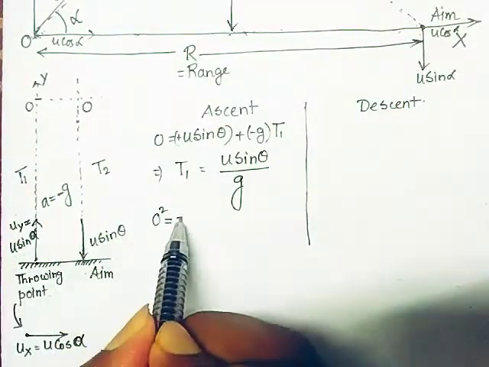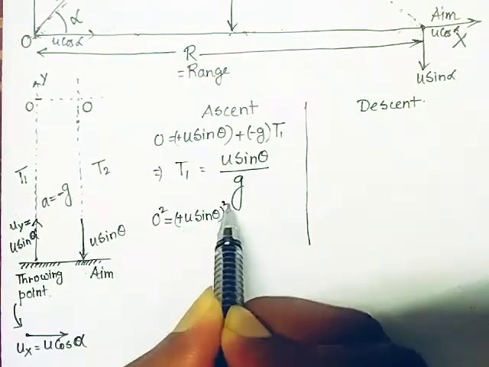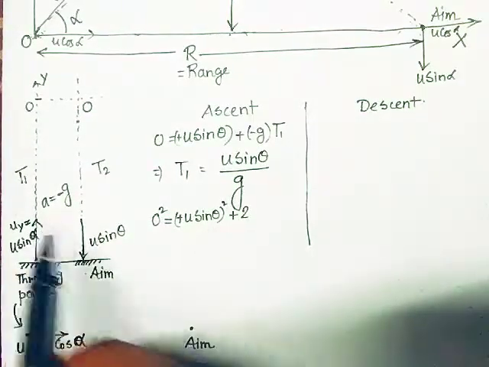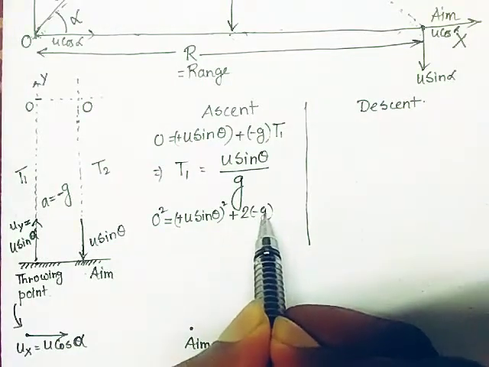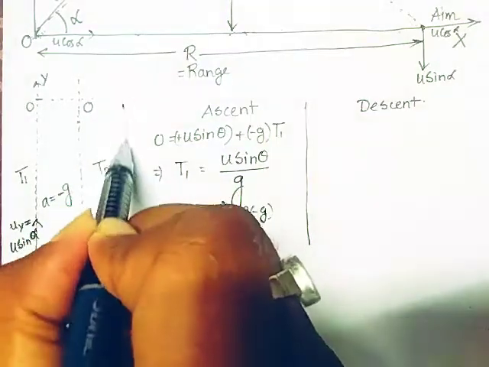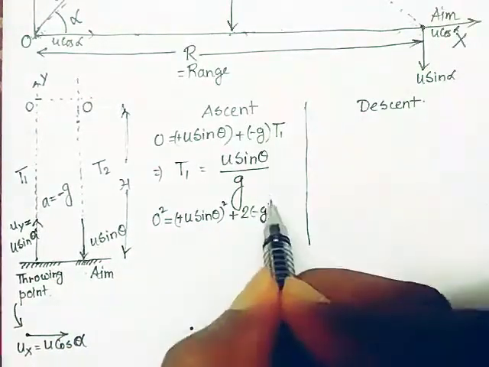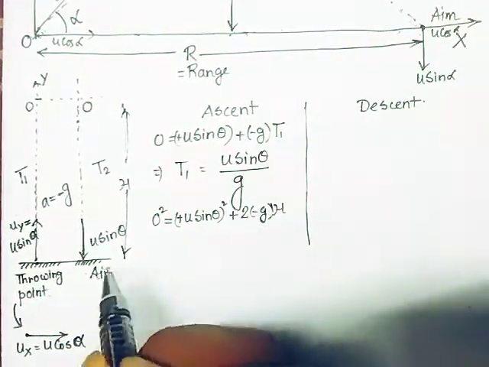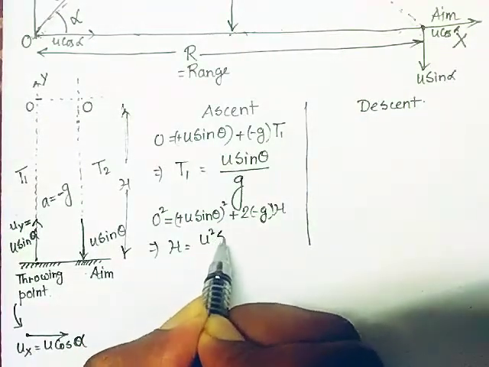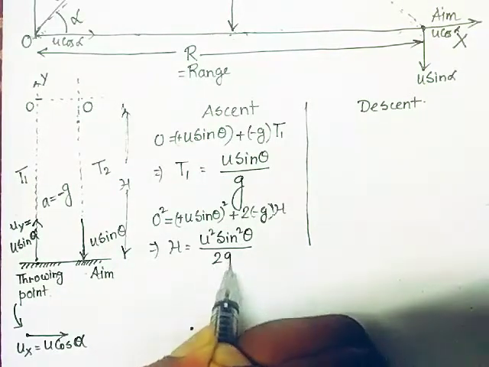The initial velocity is u sine theta, whole square, plus 2 times the acceleration, which here is minus g, times the height achieved, which is the maximum height, capital H. So H will be u square sine square theta divided by 2g.